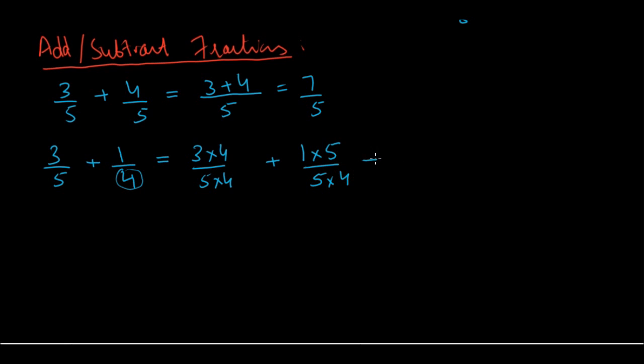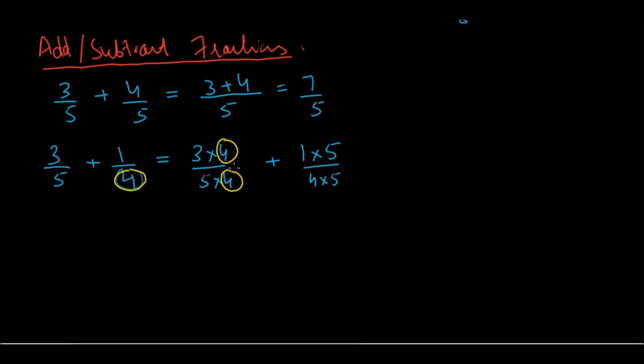Right? Now just to be consistent, let me write this as 4 times 5. So again, to clarify what I did, for the first fraction, I'm multiplying the numerator as well as the denominator by the denominator of the second fraction.